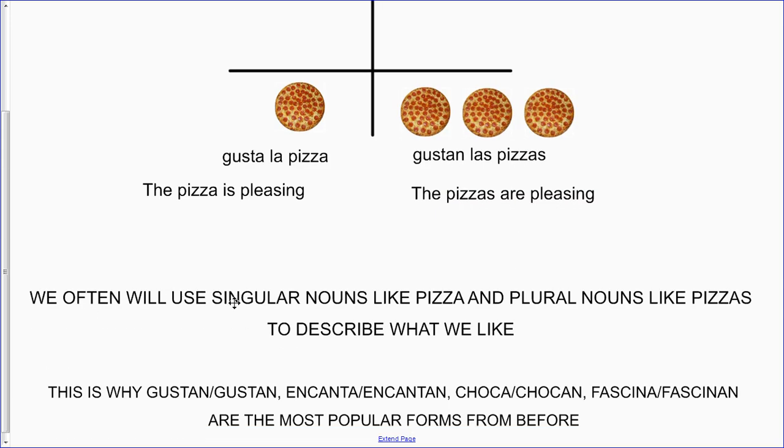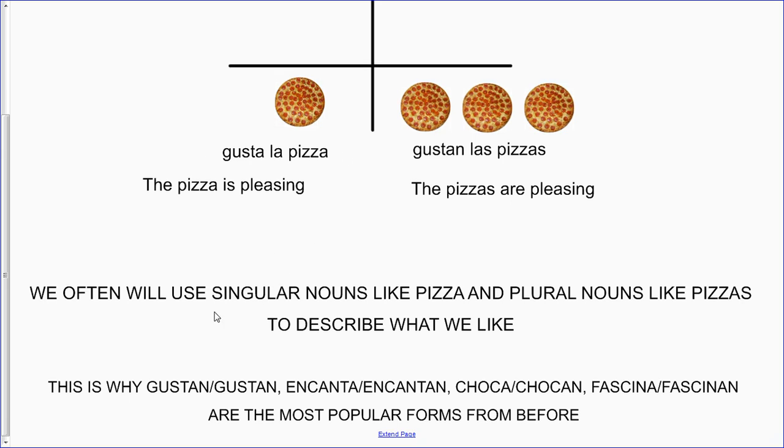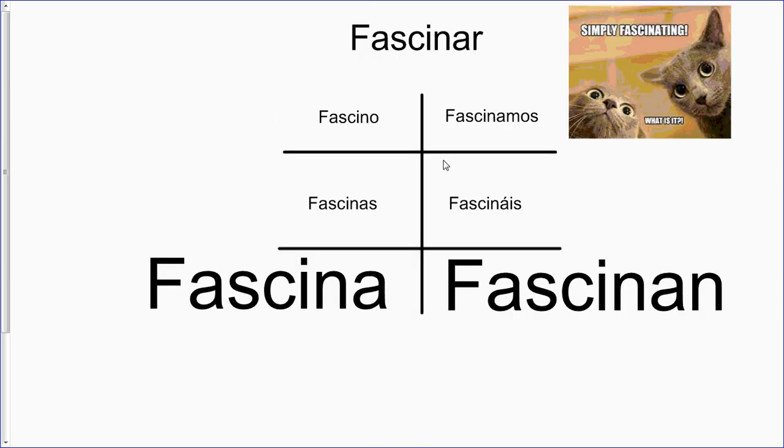So we will often use singular nouns like pizza and plural nouns like pizzas to describe what we like. This is why gusta and gustan, or if we said love the pizza, encanta and encantan, choca and chocan, and fascina and fascinan are the most popular forms that we were discussing from the slide before.